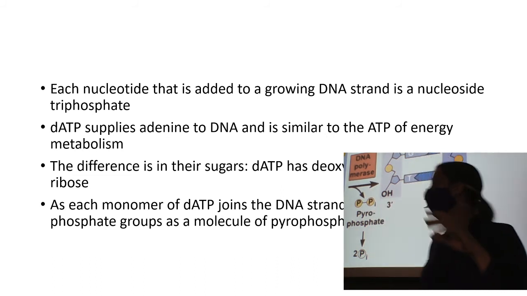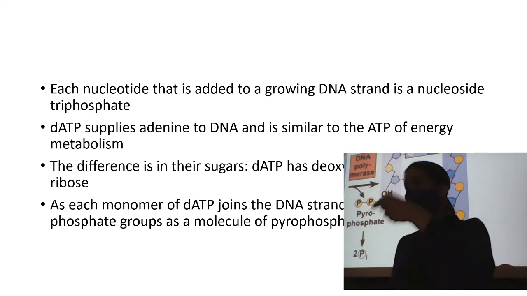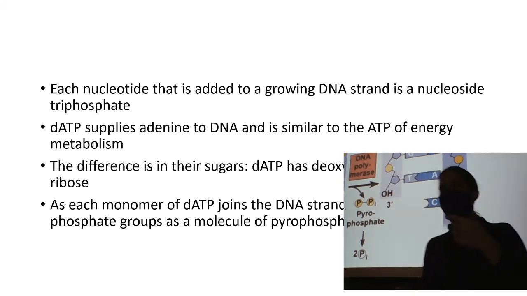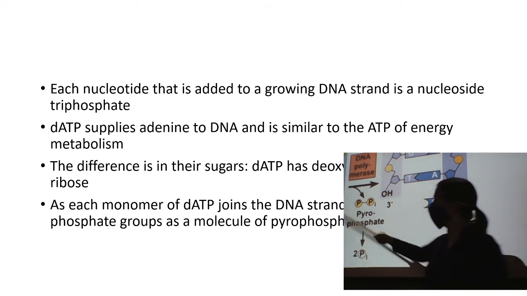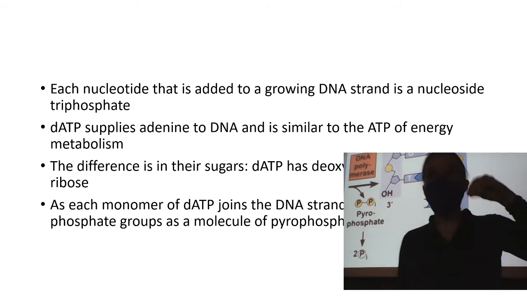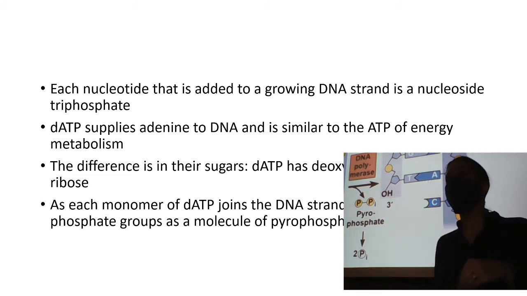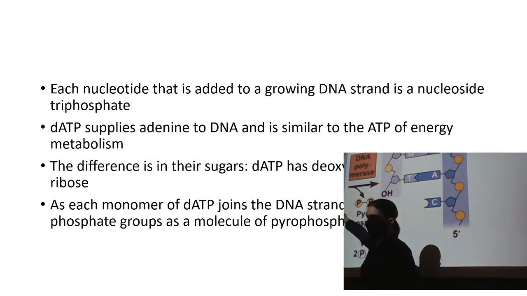It reads the template strand and it's going to add the complementary base. It's the base that matches not because it's the same, but it matches because it's the version that fits. It's going to read the template strand, but it's going to add that nucleotide to the growing chain. So it's going to add it to the growing strand. Fair enough? Are we okay with this?